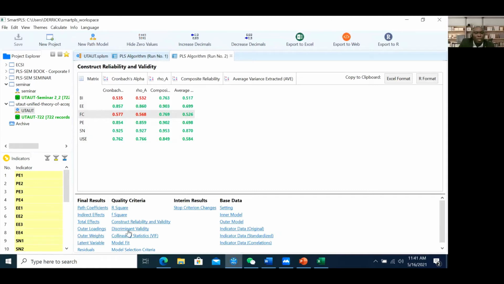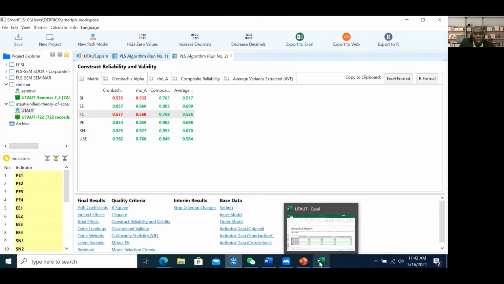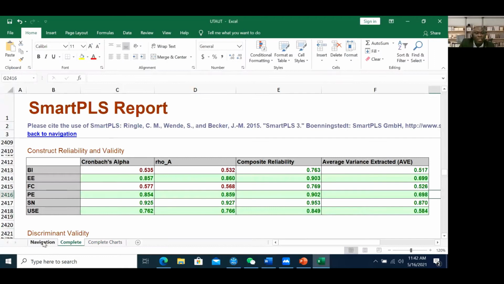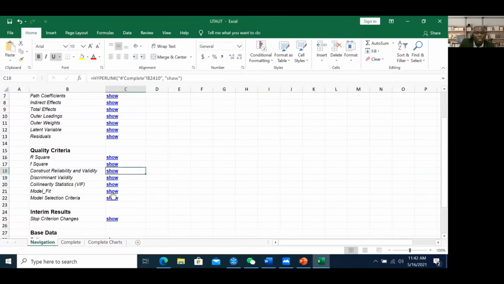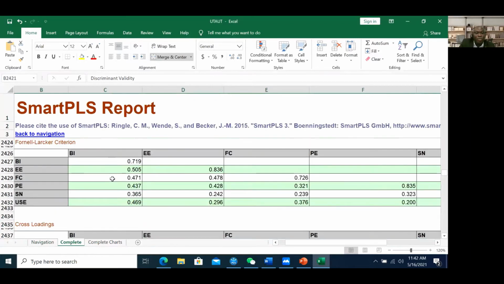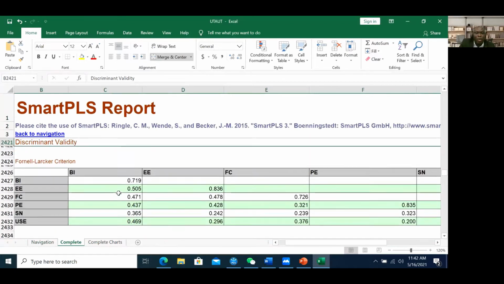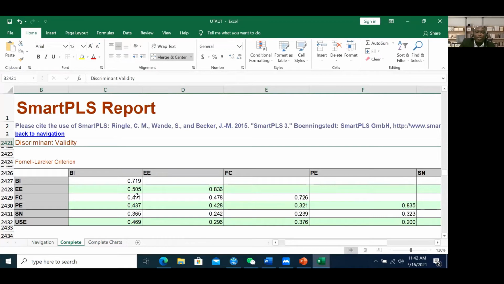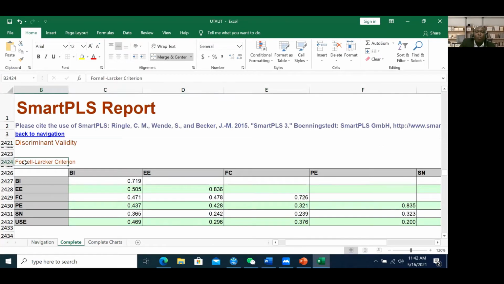Yeah. So the next thing you're going to look at is the discriminant validity. You come to navigation and then you select discriminant validity. Okay. Now, in discriminant validity, you're going to look for the Fornell and Larcker criteria.